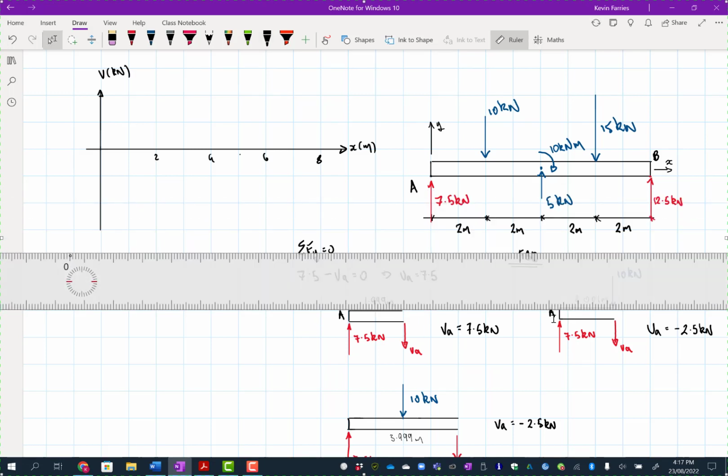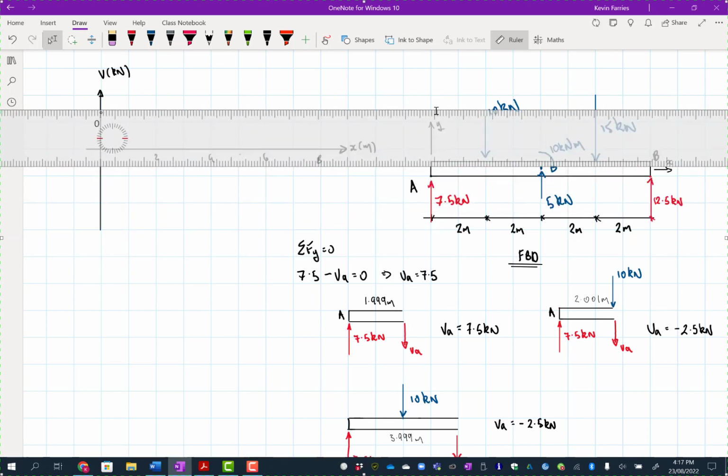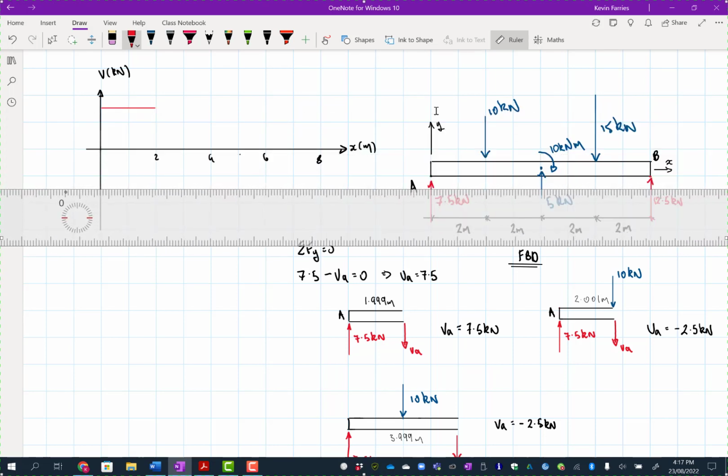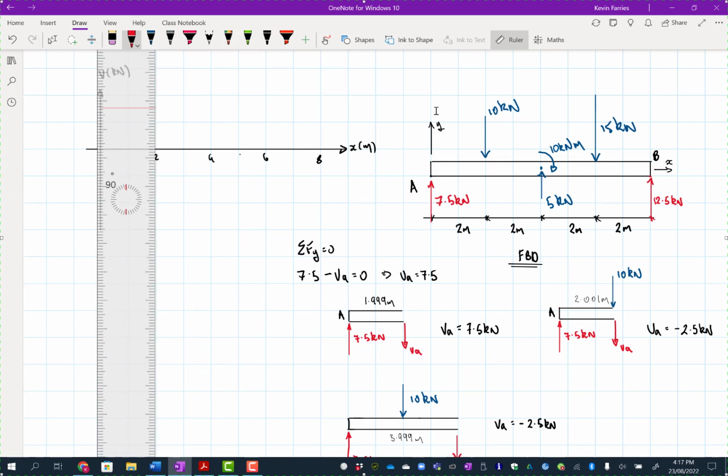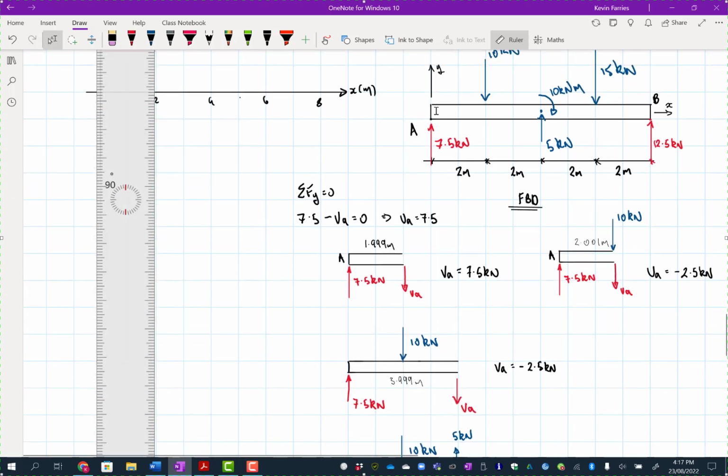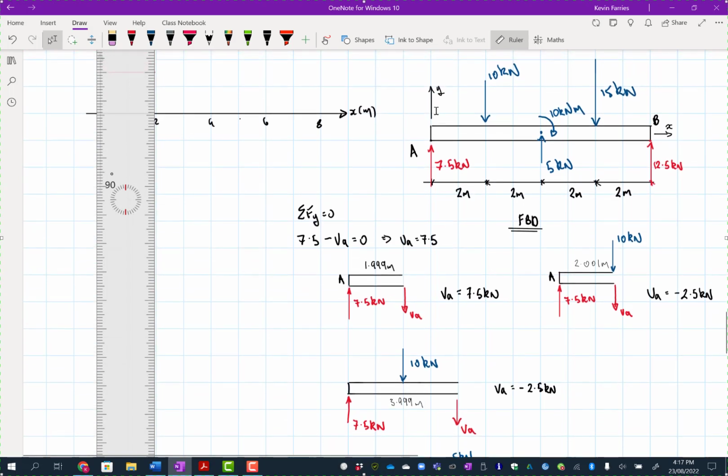And so like we say, the rule is you go along, when you see a force, you follow it. So we've got 7.5 kilonewtons upwards. And so we're going to go up 7.5 kilonewtons. And it's going to stay like that until we get to the next force. The next force is 10 kilonewtons downwards. So we're at 7.5.